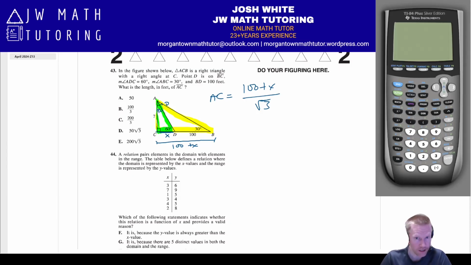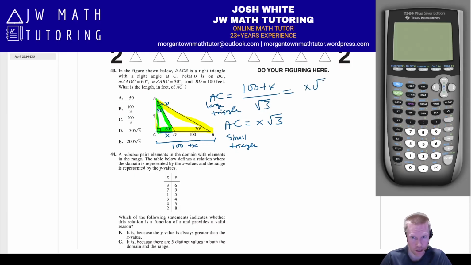Therefore, AC, which is the long leg, is equal to the short leg times root 3. So this is another expression for side AC in terms of x that I get from looking only at the small right triangle, and this is looking at the large right triangle. So now you can set these two equal and solve for x.